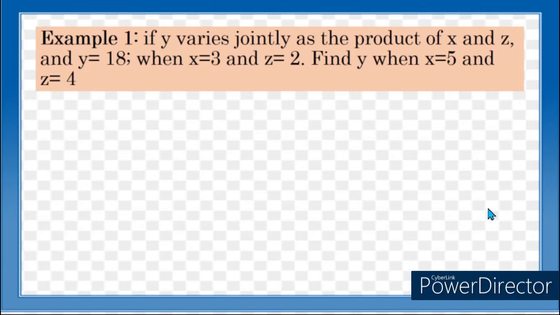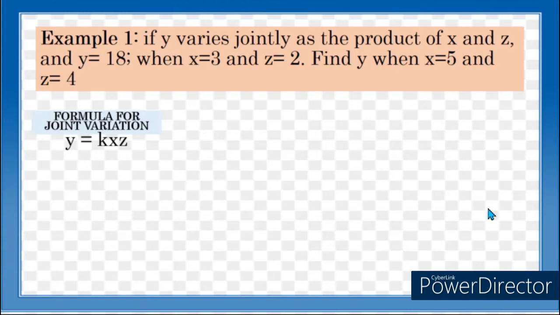If y varies jointly as the product of x and z, and y is equal to 18 when x is equal to 3 and z is equal to 2, let us find the value of y when the value of x is equal to 5 and the value of z is equal to 4. Take note that the formula for finding the joint variation is y is equal to kxz.